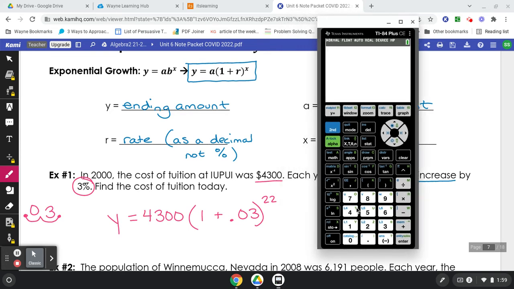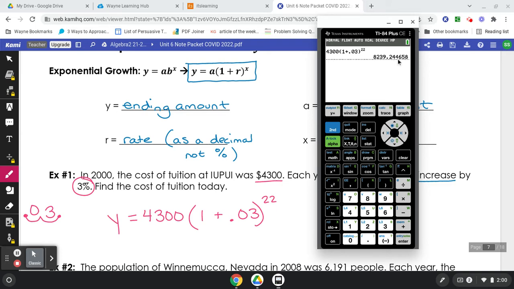Okay, let's type this in. 4,300 parentheses 1 plus 0.03, close the parenthesis. Your exponent button is this one right here. And type in how many years has passed, 22. Now, because we are talking about money, we do want to go out to 2 decimal places. So 2, 4.